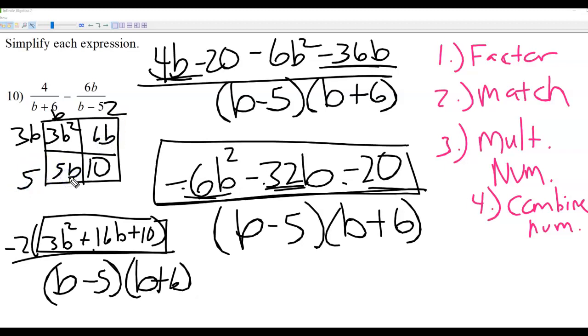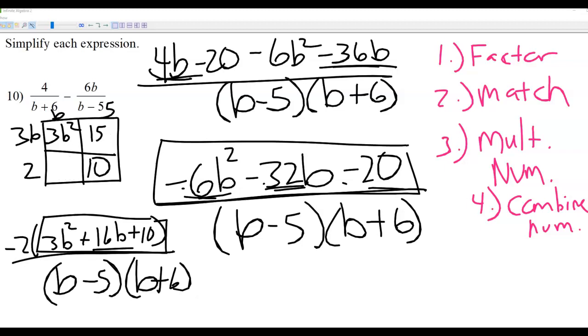So 6 and 5 can't give me the middle, so that's not right. I could try switching the 2 and the 5 around, putting the 5 here and the 2 here. Let's try that out and see how that works for us. That's going to give me 15b and 2b. 15 and 2 can't make 16 either.